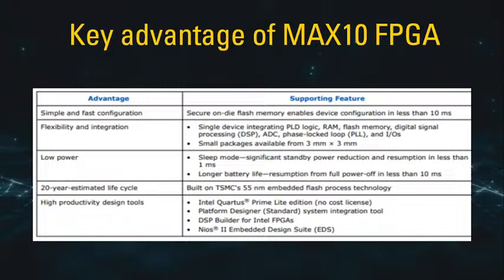It's not small, it is a huge amount of IO pins in the FPGA. So it is also part of the flexibility. We can use IO pins for all the complex logic circuits, and it is small in size, only 3mm class, so that is flexibility and integration.